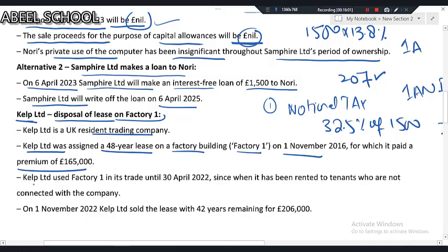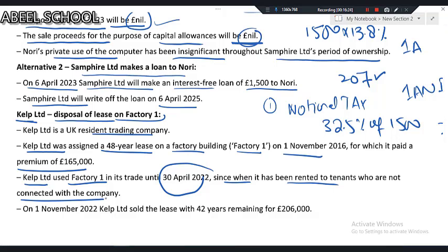Kelp Limited used Factory 1 in its trade until 30th April 2022. Very important point. Since then it was being rented to a tenant who is not connected with the company. Basically, what is happening after 30th April 2022?